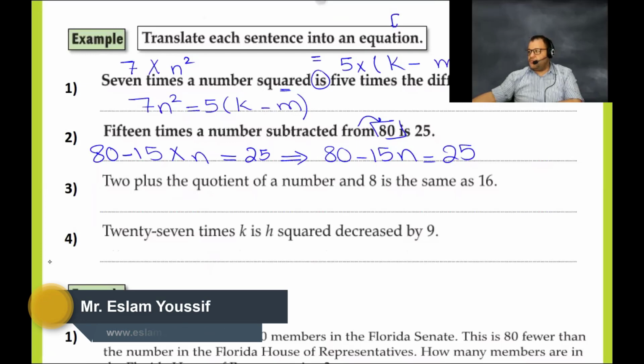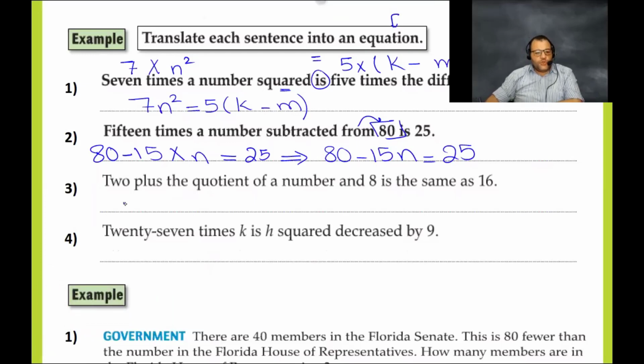So for number 3, how can we solve it? 2 plus. What is the meaning of the quotient? It means we have an operation, and we open a bracket where inside the bracket there is division. After the quotient of, we underline until we find and.